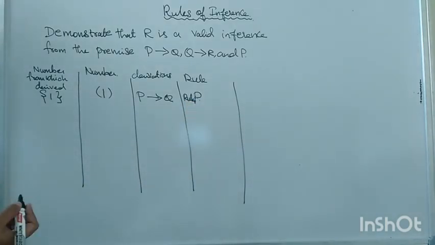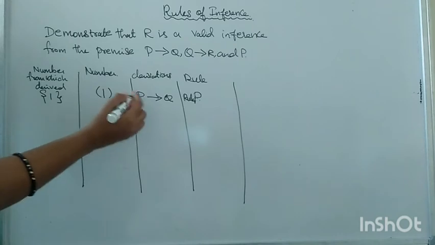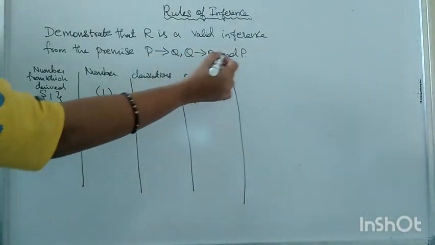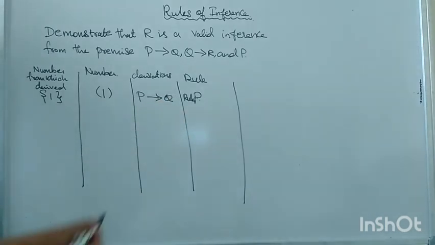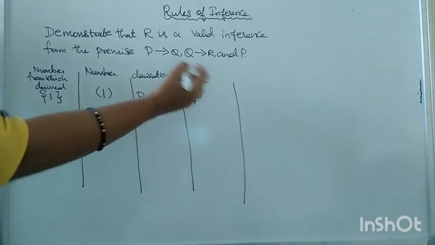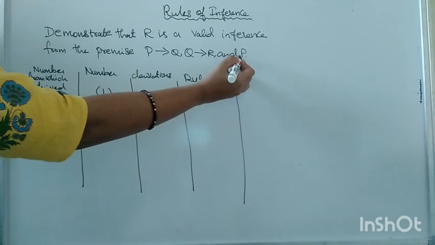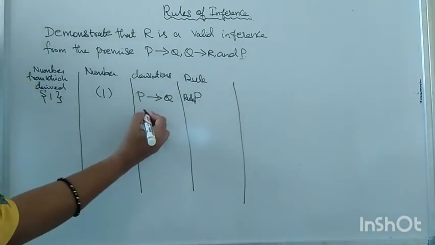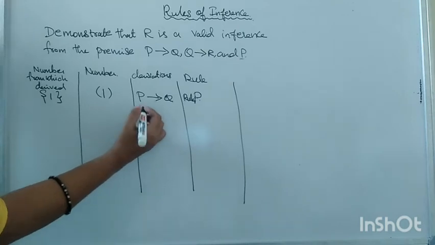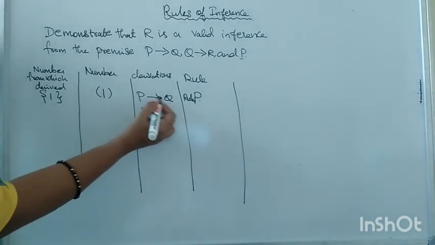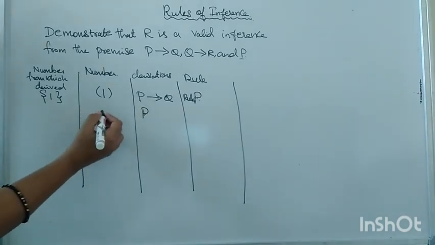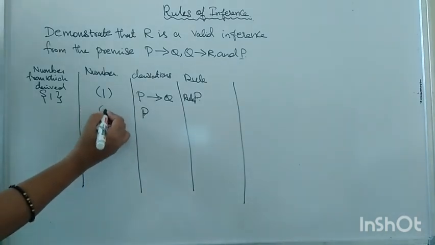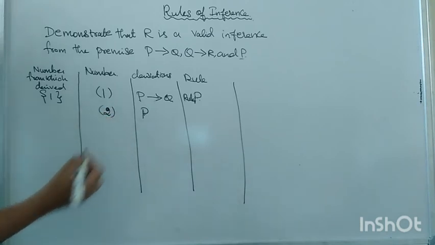Next, I am going to check for the premises. What are all the premises related to this? Here I am having P, so I am just going to write it here as P, because here it's if P then Q. I can name this one as 2.